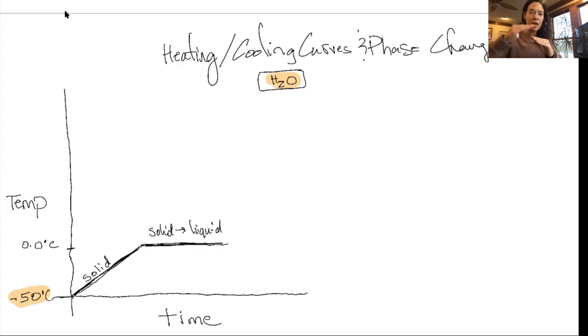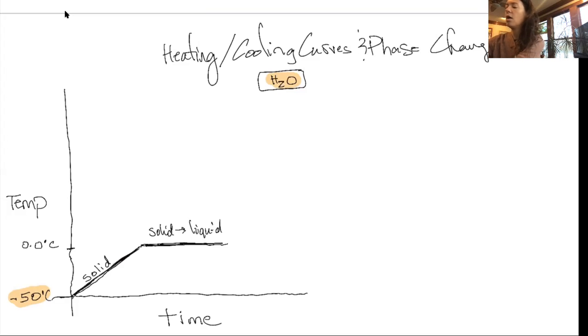It's stopped going up. The molecules are not gaining any more average kinetic energy as you continue to add this heat. What is happening is you are overcoming intermolecular forces. That is what that extra energy is working on. It is not working on increasing the temperature, or the kinetic energy of the particles.